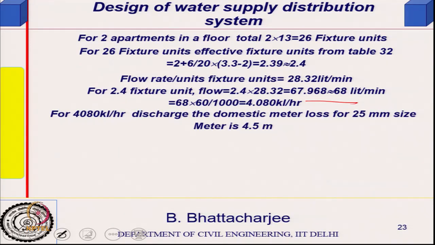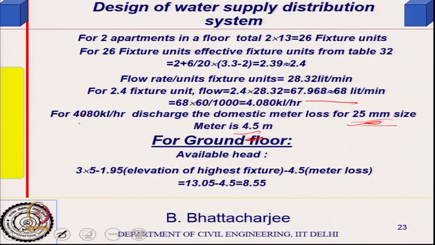Meter loss is given for 25 millimeter size. This is again given from another table. So, 68 into 60, since this was liters per minute and I want to convert into hour, will be 4.080 kiloliters per hour. For this 4.080 kiloliter discharge, the meter loss for 25 millimeter is given in a table as 4.5 meters.